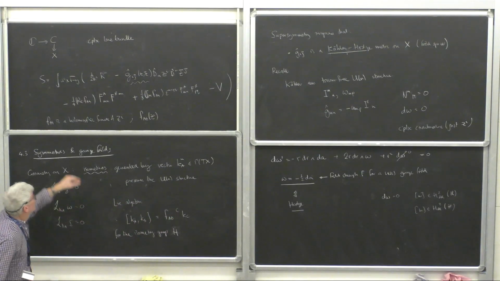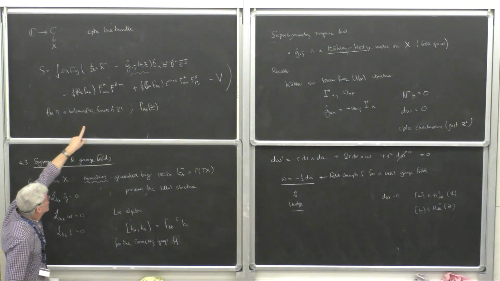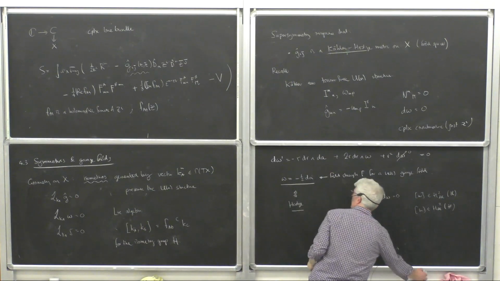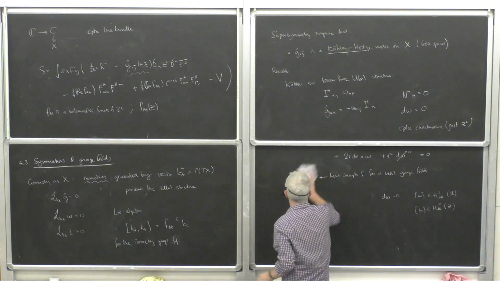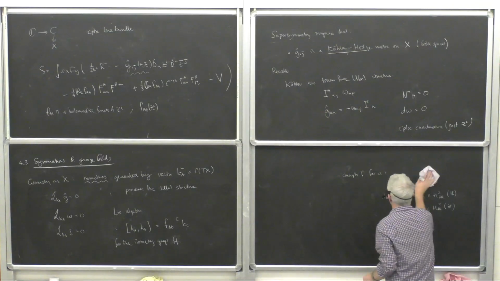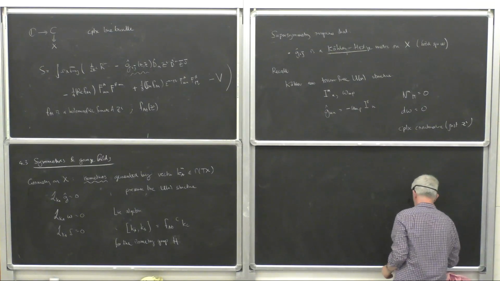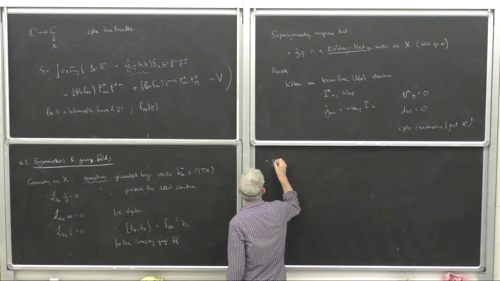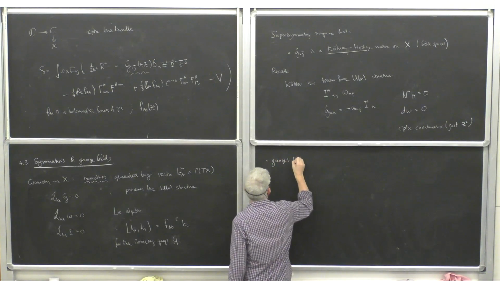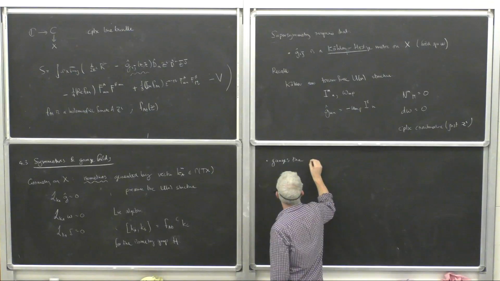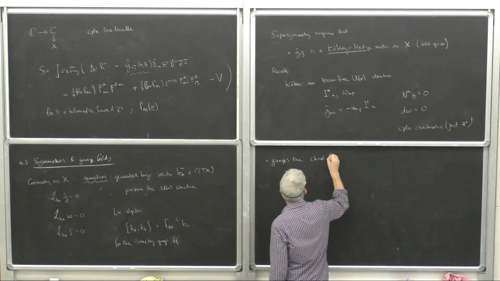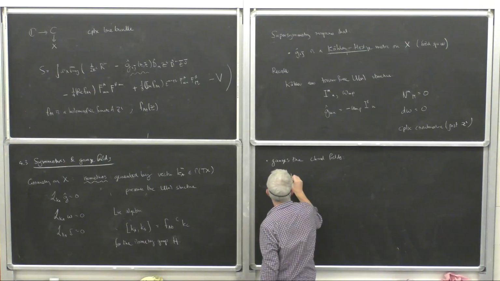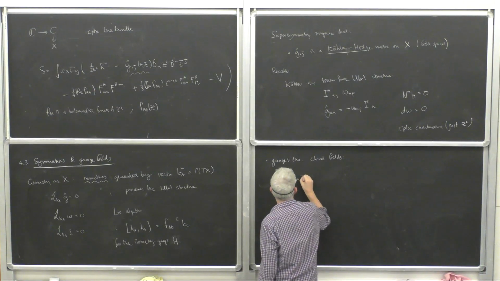Okay, so now I can unpack a bit more of what's going on here. This gauges the chiral fields. So you get these derivatives, D hat z.